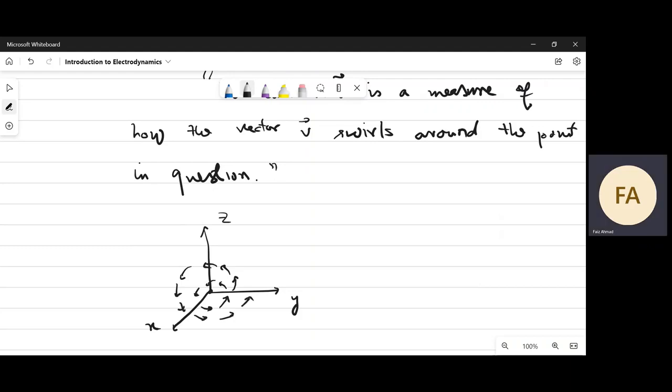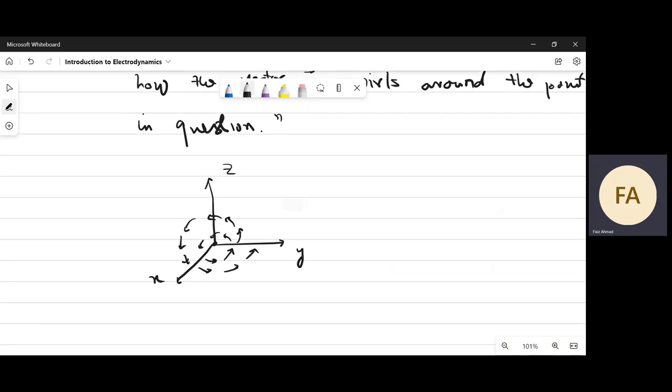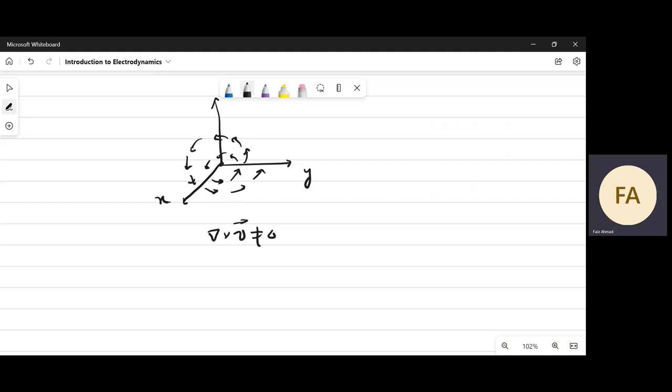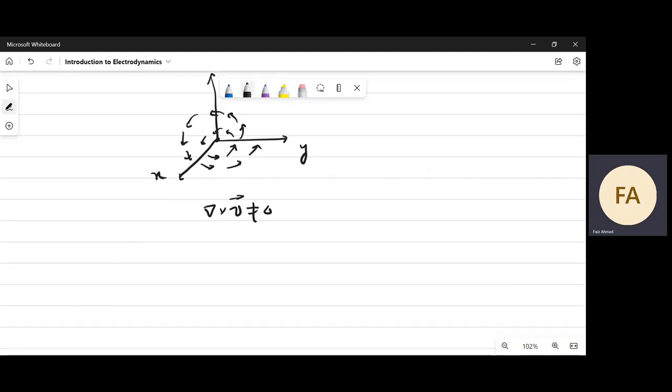If we take the curl of this kind of field, you will find that del cross V is non-zero. Another example, like we already did, is this function V vector.